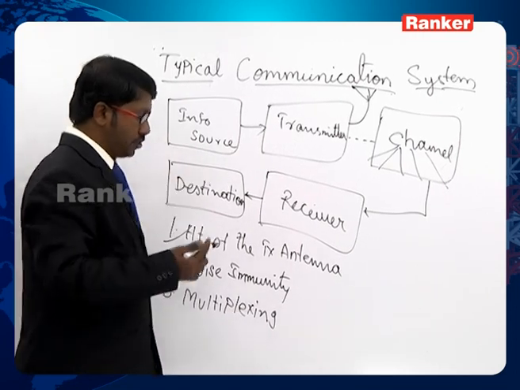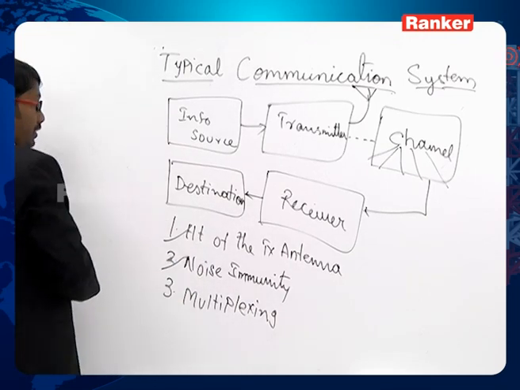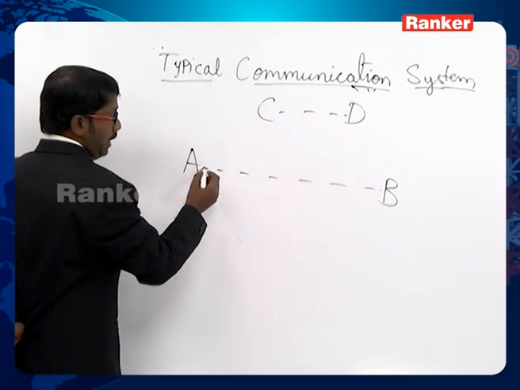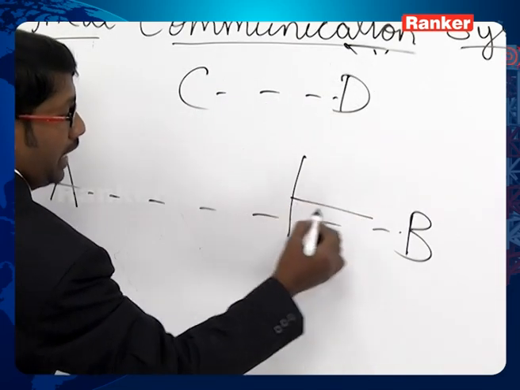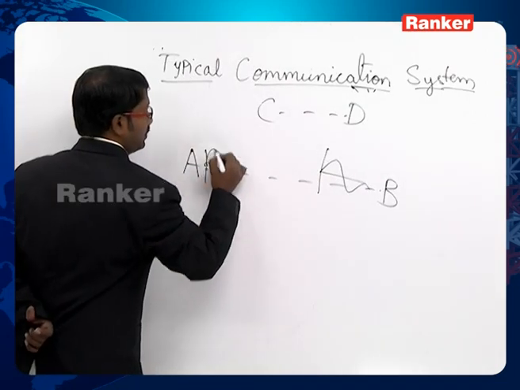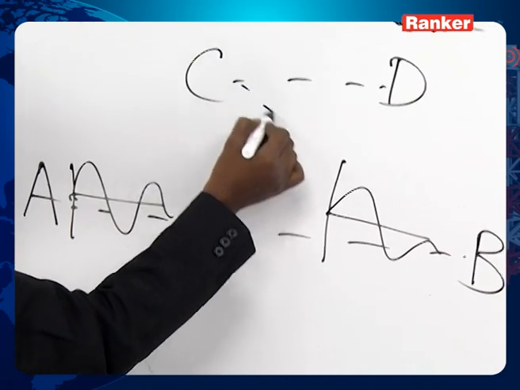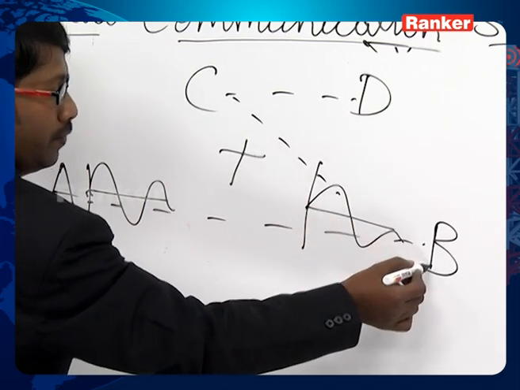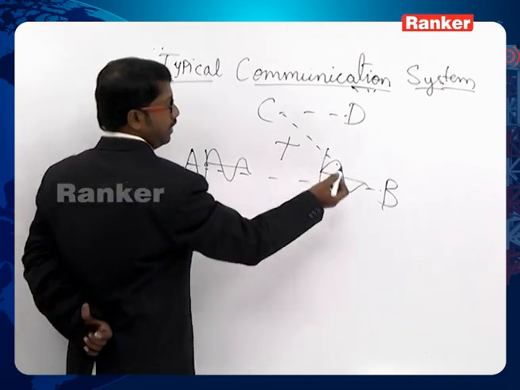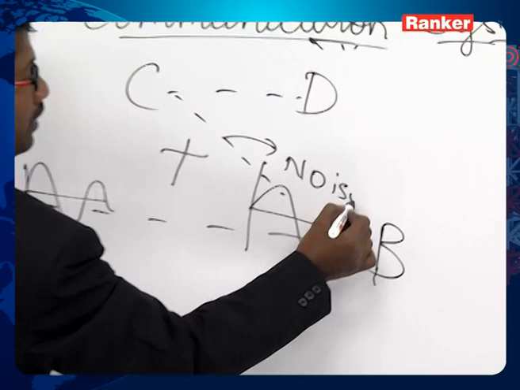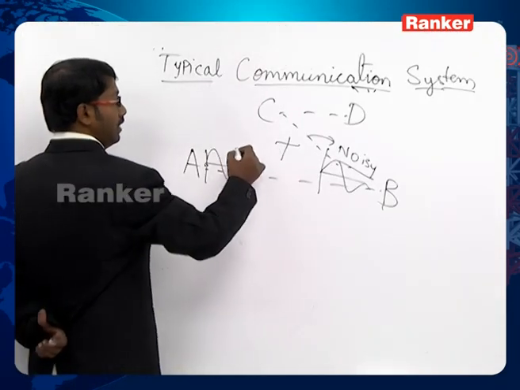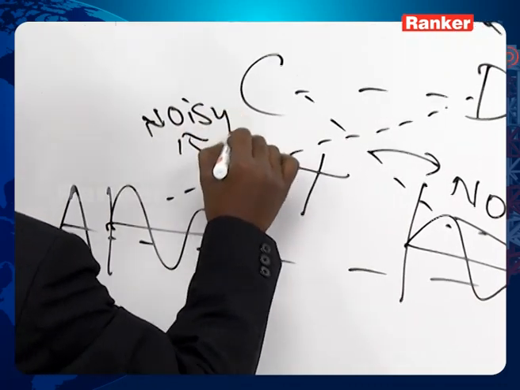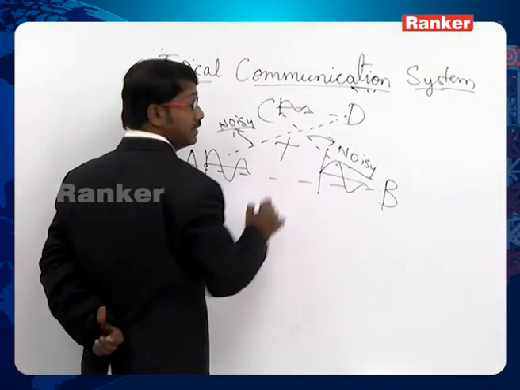Now, as I said, the channel is being shared by various users. I have a communication between A and B, and I have a communication between C and D. Now, for the signal received by B, I have the signal transmitted by A plus the signal which is added up from C, and in this case, since for B the signal from C is unwanted, I am calling C a noisy signal for B. But in a similar way, for D the signal coming from A is also noisy, because for D the signal coming from C is the desired signal.